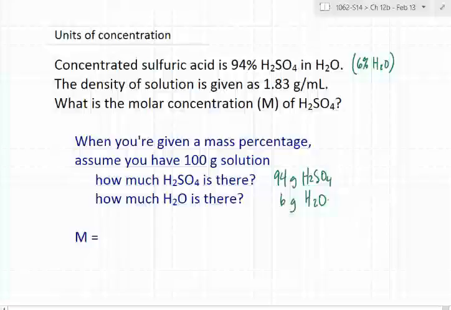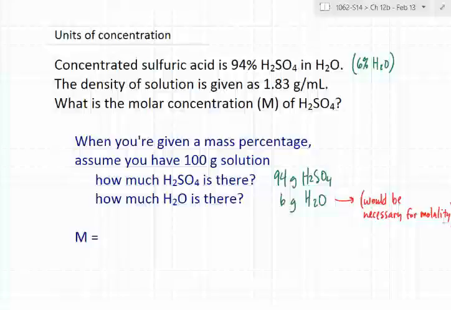What concentration unit has a mass of water? Molality. Okay, so keep that in mind. You'll probably have to do one of those at some point. This would have a really weird molality because we're only dividing by a small part of the solution as opposed to the total.